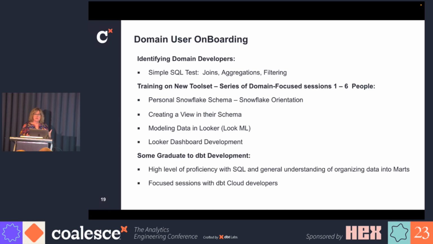After they've been on the Snowflake platform for a while, if they're showing a high level of proficiency with SQL and a general understanding of how to organize and write good quality code that performs well and meets the development standards, then we look at getting them trained on DBT. This is usually done with focus sessions with just a few DBT developers.